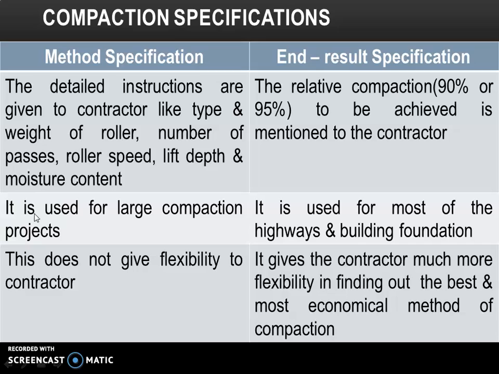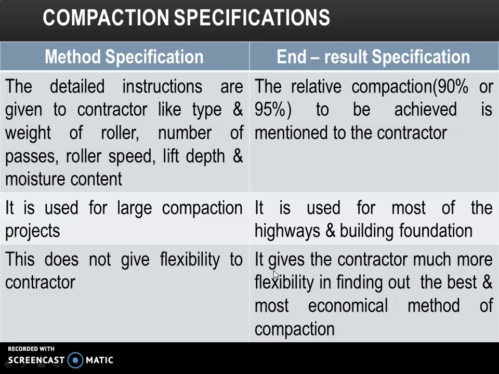Method specification is used for large compaction projects, whereas end result specification is used for most of the highways and building foundation. Method specification does not give flexibility to the contractor because all the instructions are given to him well in advance.